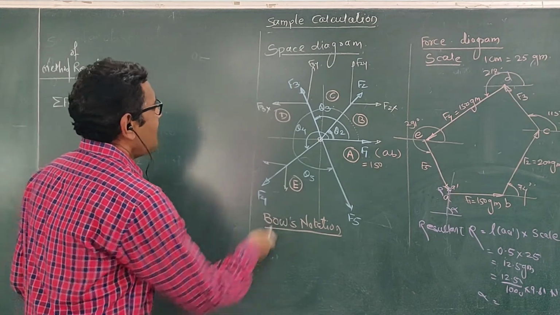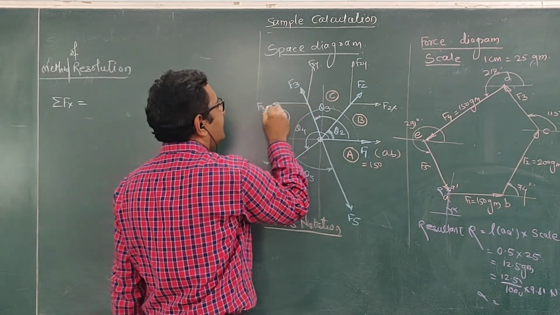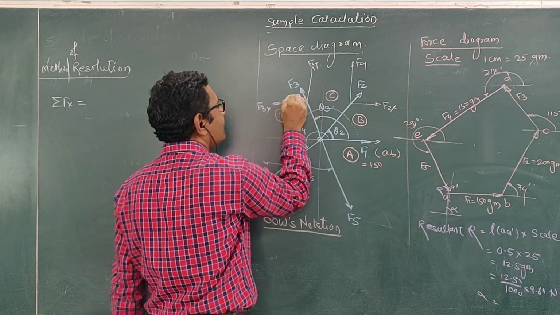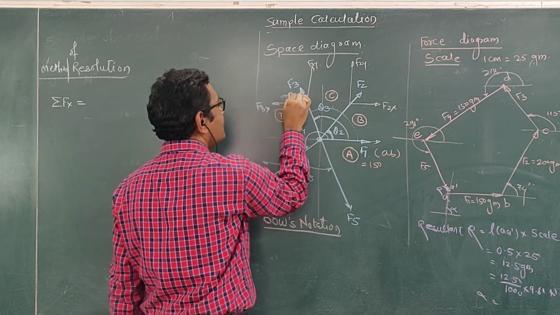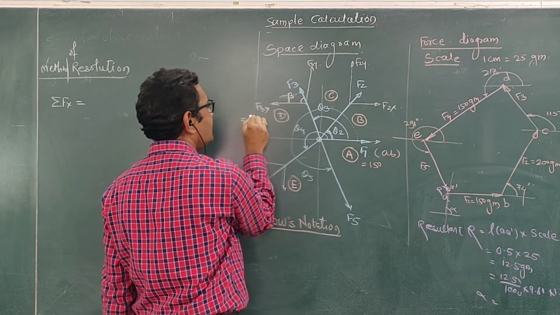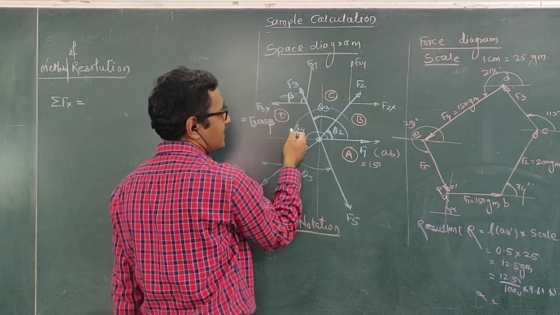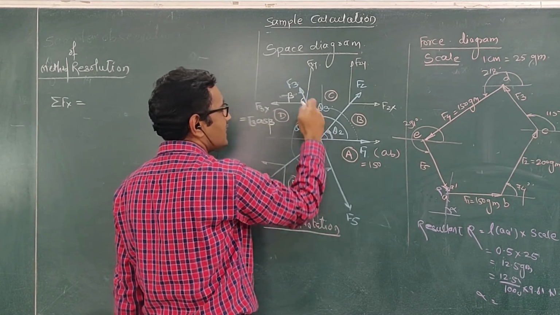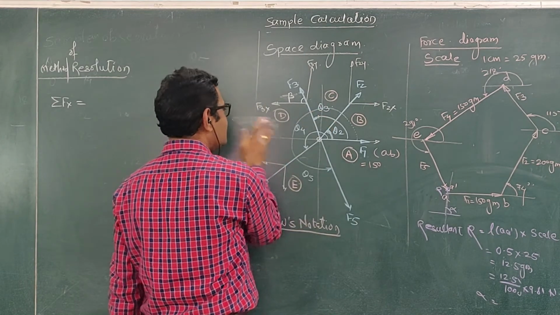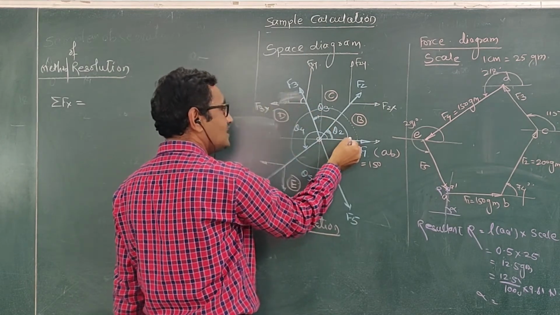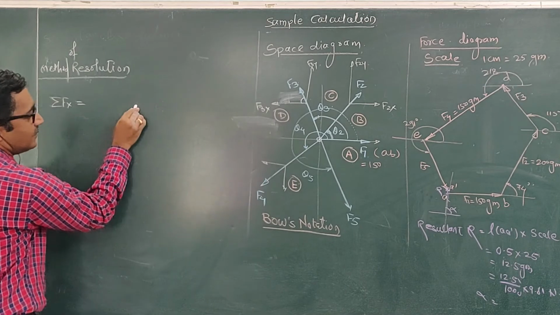But now, when we resolve it in this way, if this angle is beta, then this F3x will become F3 cos beta. This beta is the acute angle made by the line of action of this force F3 with the horizontal. But instead of writing this angle beta, because we know theta 3, listen carefully.